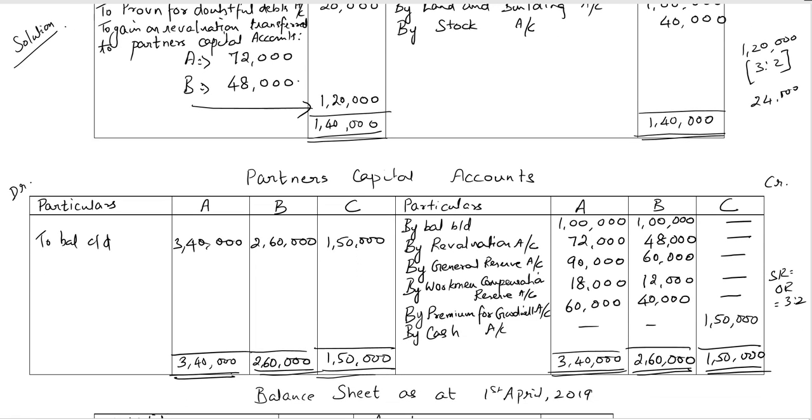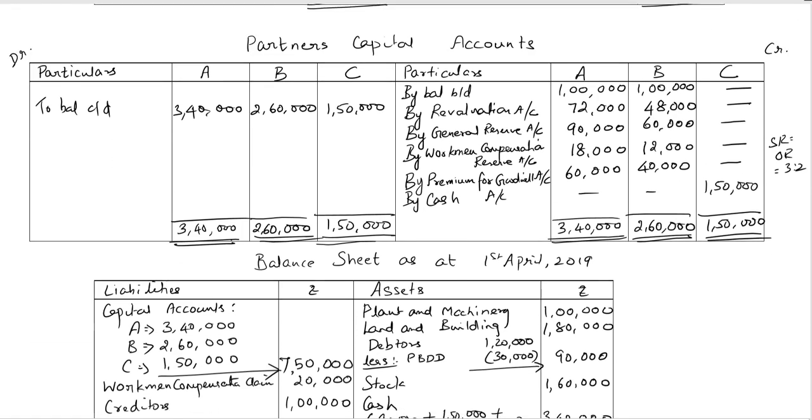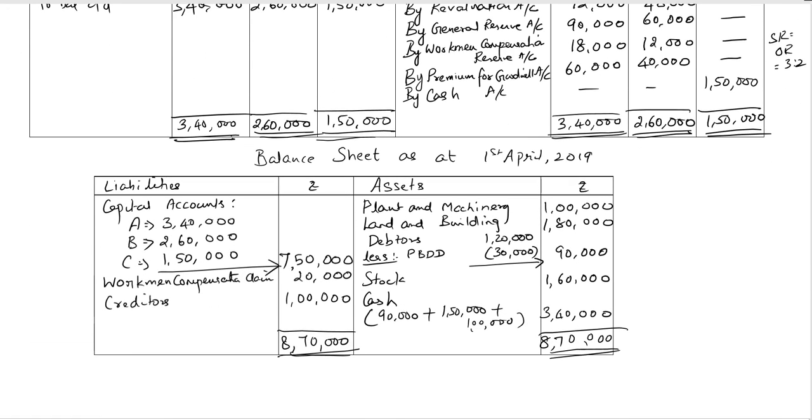Then we prepared the partners' capital accounts, and with the help of the adjusted capitals of A and B, we were able to determine the capital which is brought in by the incoming partner C. Next was the balance sheet. Both sides tally with 8,70,000 rupees.